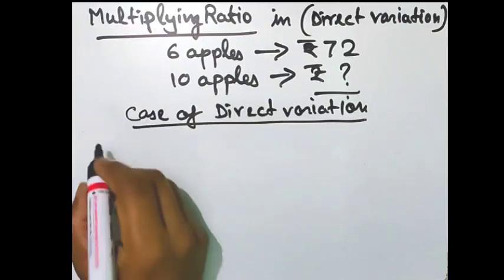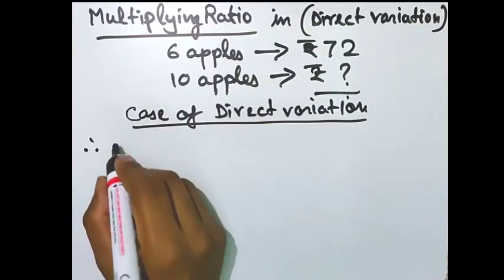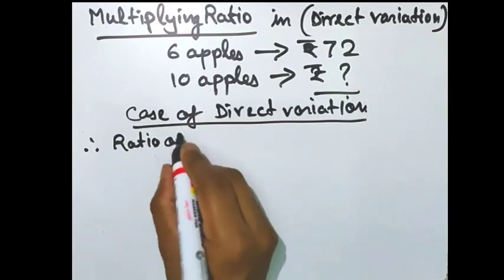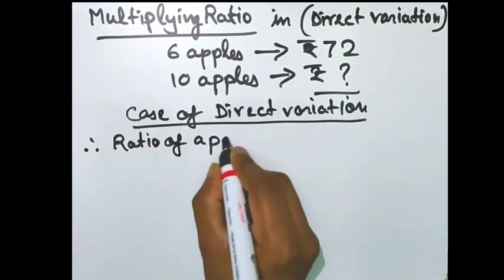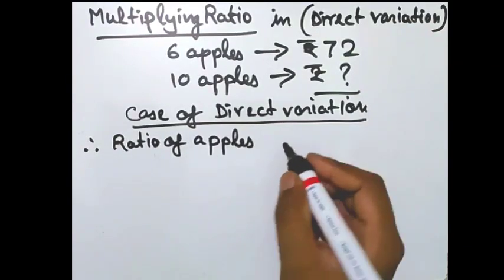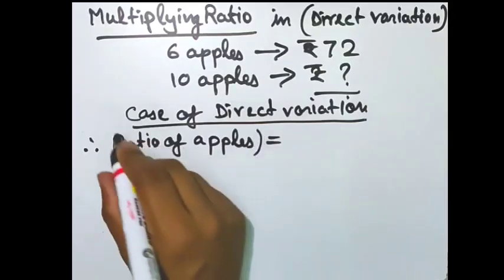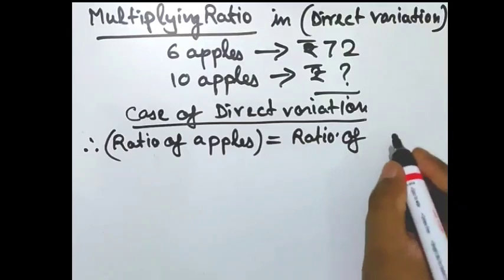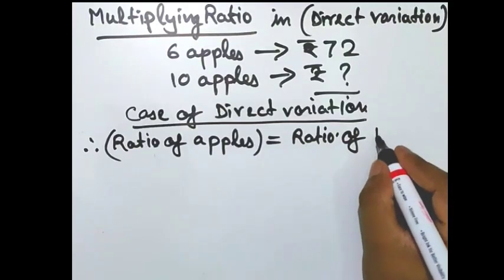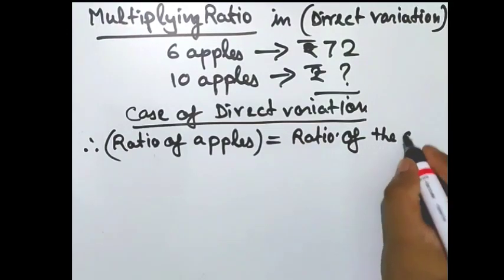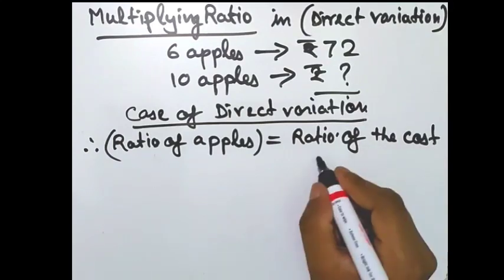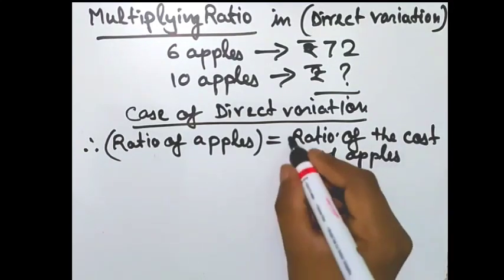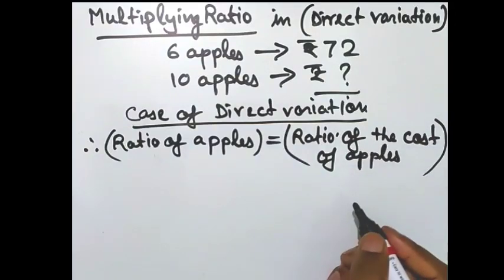Then we can say, therefore, the ratio of apples will be equal to the ratio of the cost of apples, or you can say the ratio of the corresponding costs, right?